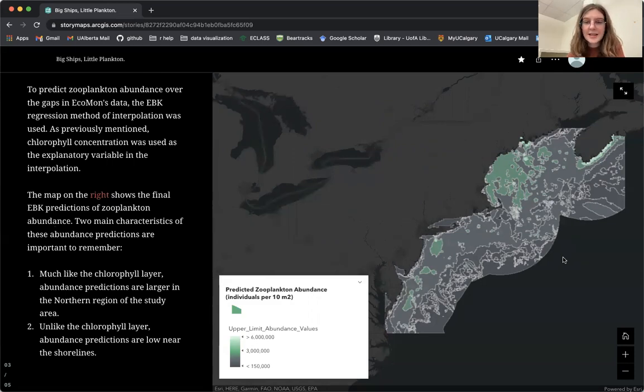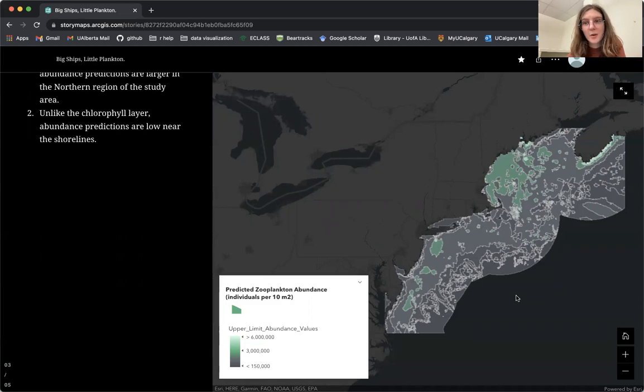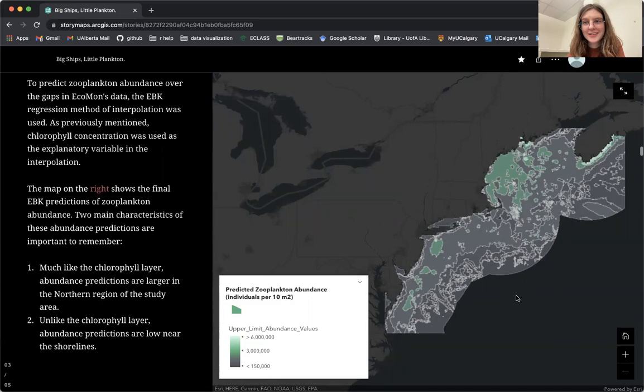The first is that, much like the chlorophyll layer, abundance predictions are larger in the northern region of the study area up here. And the second is that, much unlike the chlorophyll layer, the abundance predictions near the shorelines were very low compared to other areas of the study area. That caused some problems later, which I'll mention.